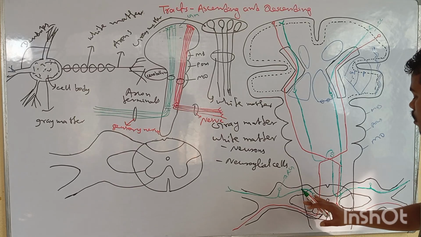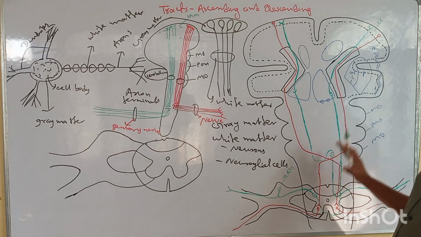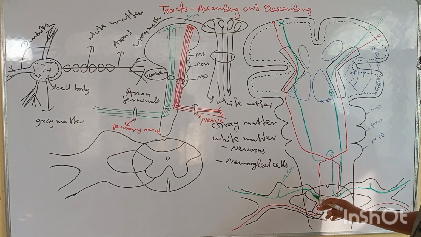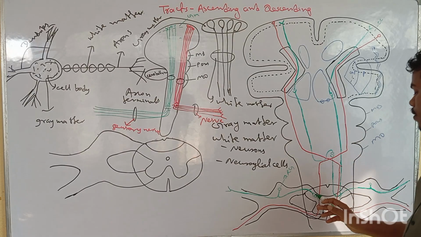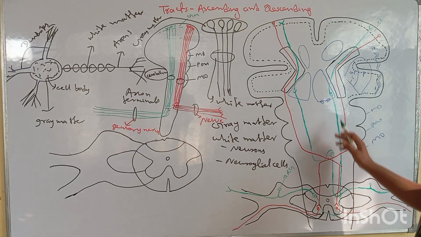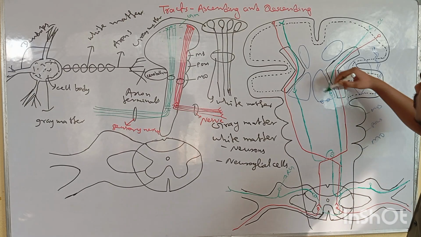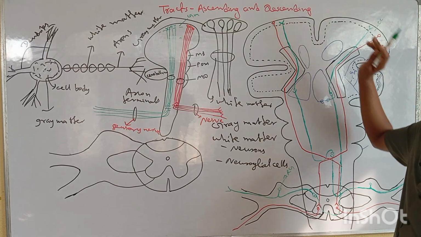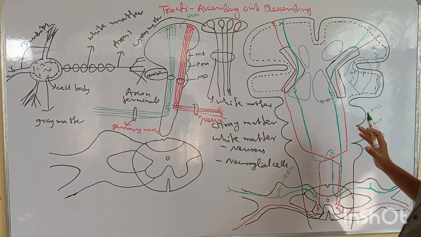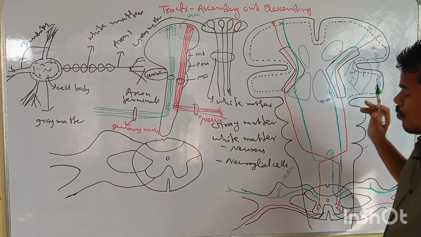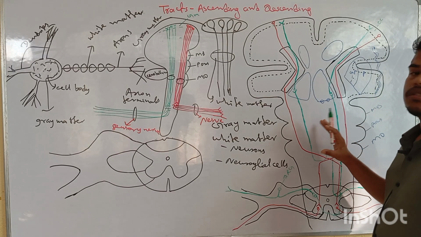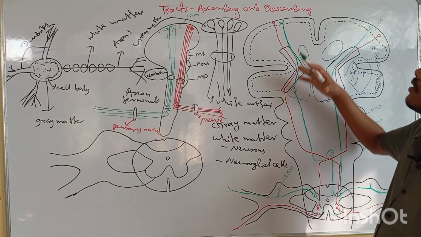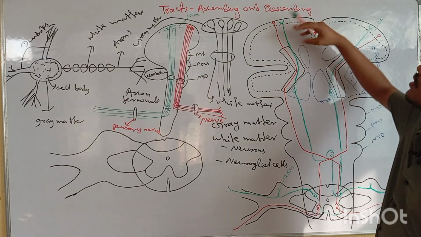And when the first synapse in the CNS occurs, either here or here, from there the second order neuron will arise, and at the second synapse, the third order neuron will arise. Means the first synapse gives the second order neuron, the second synapse gives the third order neuron, and so forth.